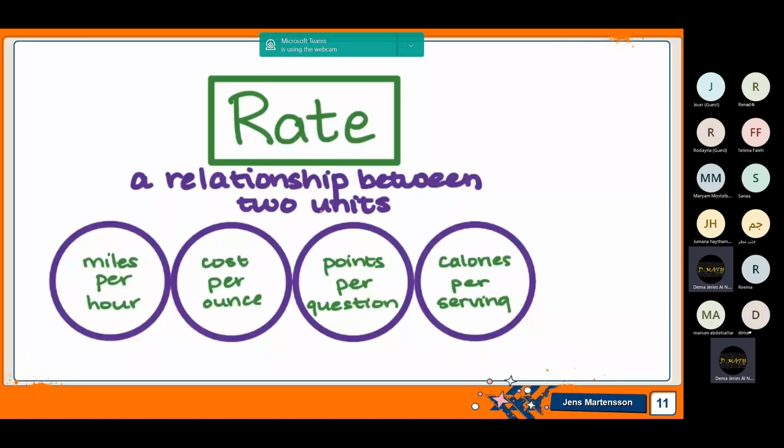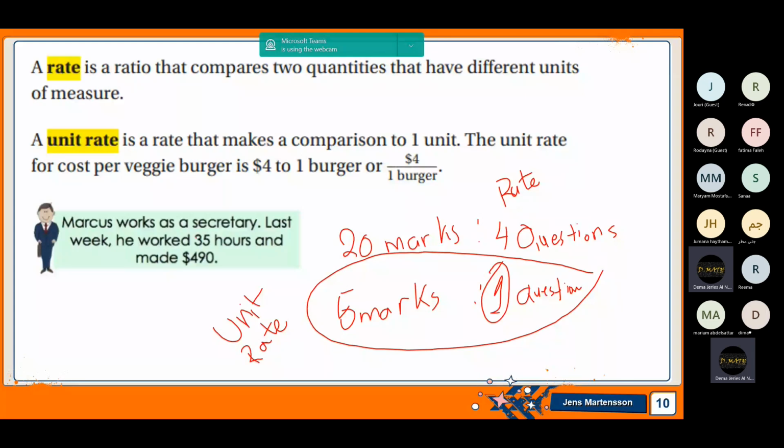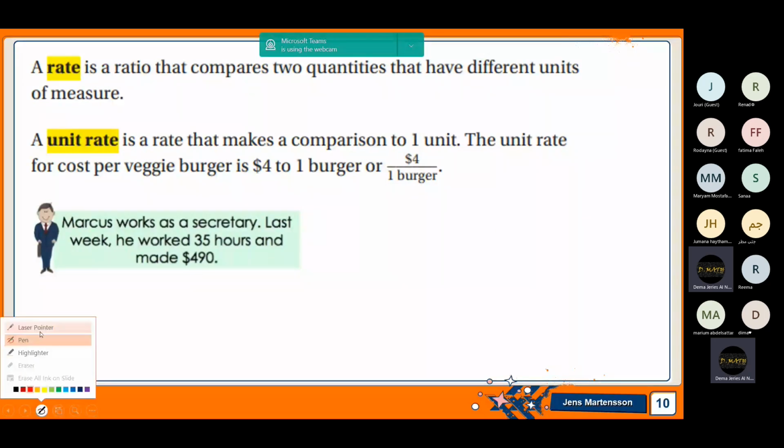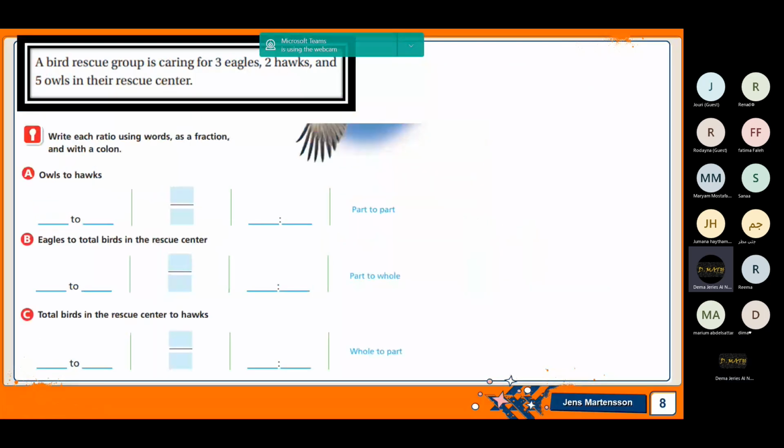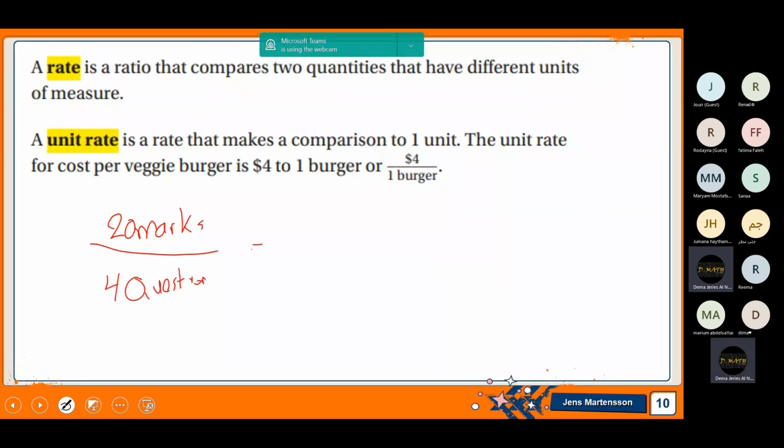Now, how will I find the unit rate? What did you do here when you said, teacher, it will be 4 marks? How do you know? Look at me here. We have 20 marks per 4 questions. So how will you write the unit rate?